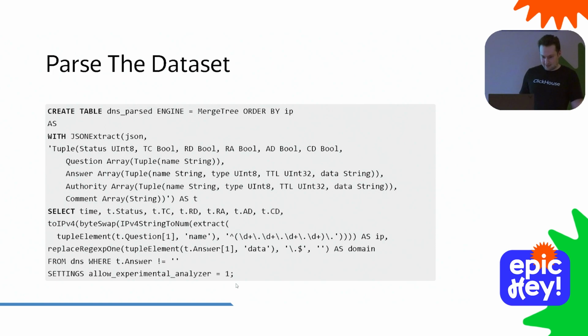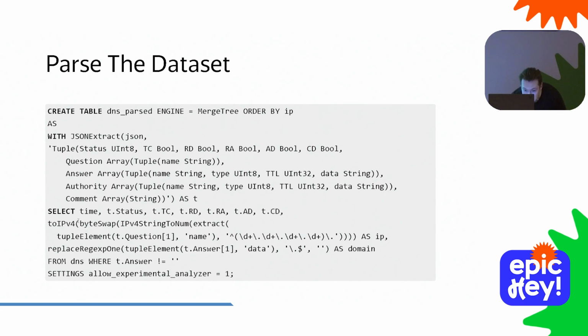But I want to analyze this data, and I don't want to keep this JSON as is. So I will extract everything that it contains, and it contains status, question, answer, in some different method JSON. I want to transform it to just a few columns.